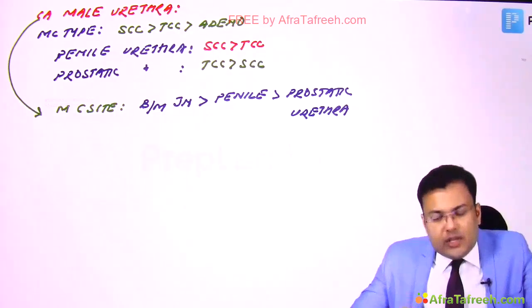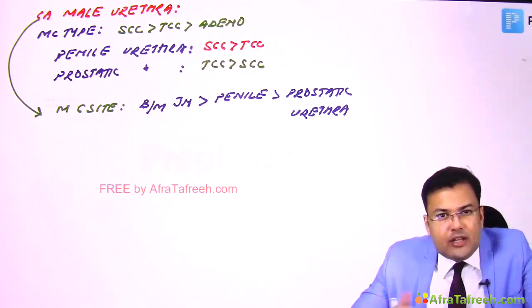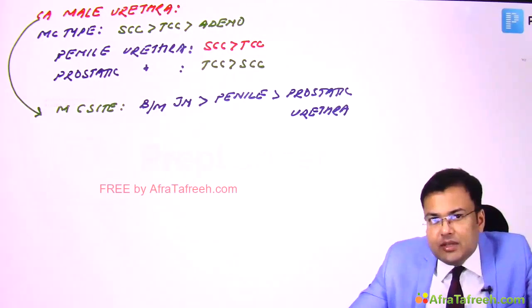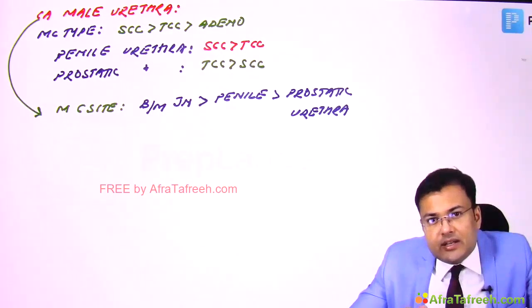Now see, what is the most common type of carcinoma male urethra? Squamous cell carcinoma. So can you tell me which organism will be responsible? Which virus? HPV. So it is related to HPV infection. Chronic irritation of urethra also increases the risk, and there is chronic irritation in the urethra whenever the patient is having stricture. So these are the risk factors.